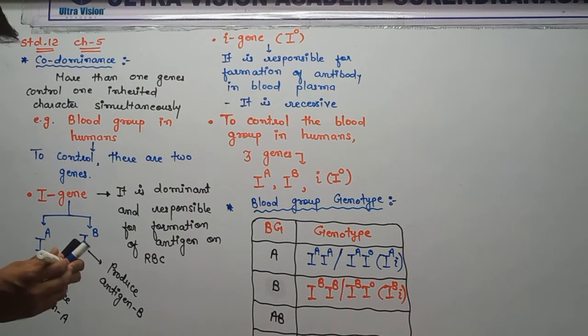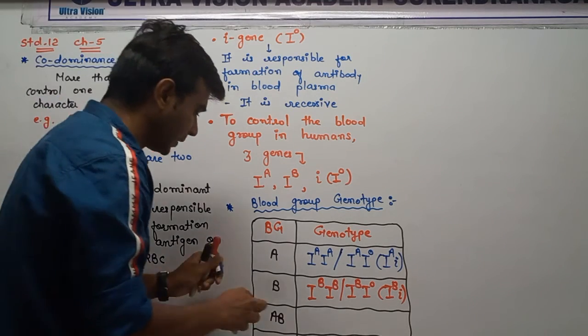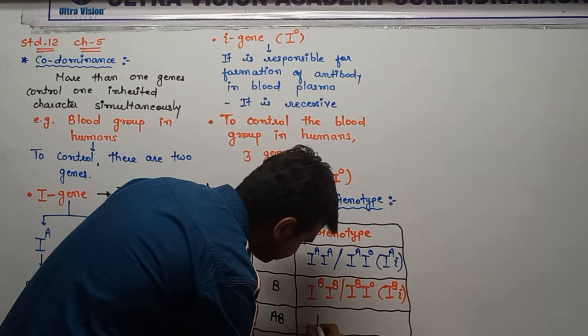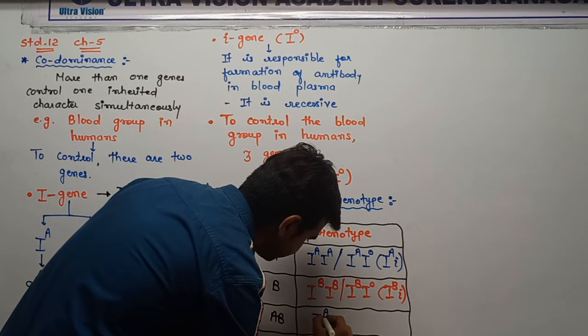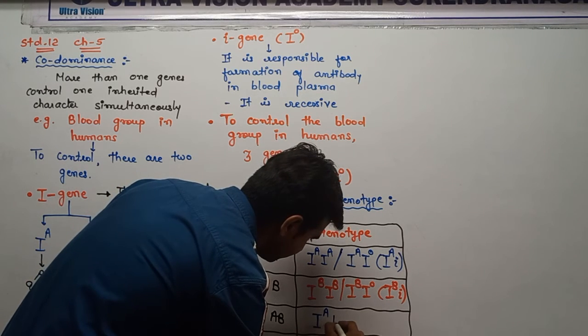Now the AB blood group person has genotype IA IB.